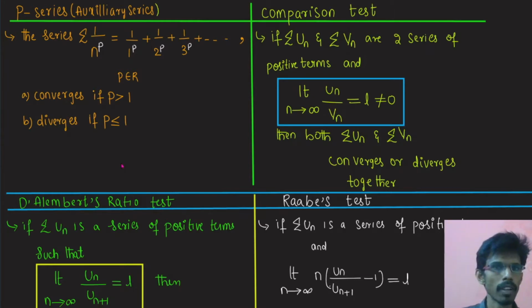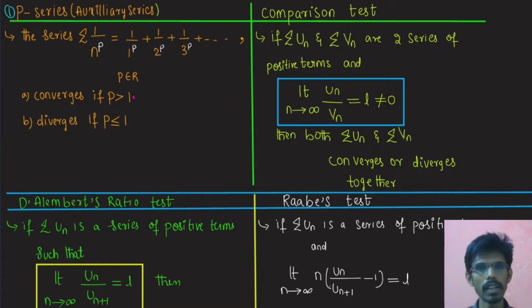See here, we have this P series, the auxiliary series, that is the series sigma 1 by n power P, taking n values as 1, 2, 3, 4 and so on up to infinity. So 1 by 1 power P plus 1 by 2 power P plus 1 by 3 power P and so on, where P belongs to R, a real number.